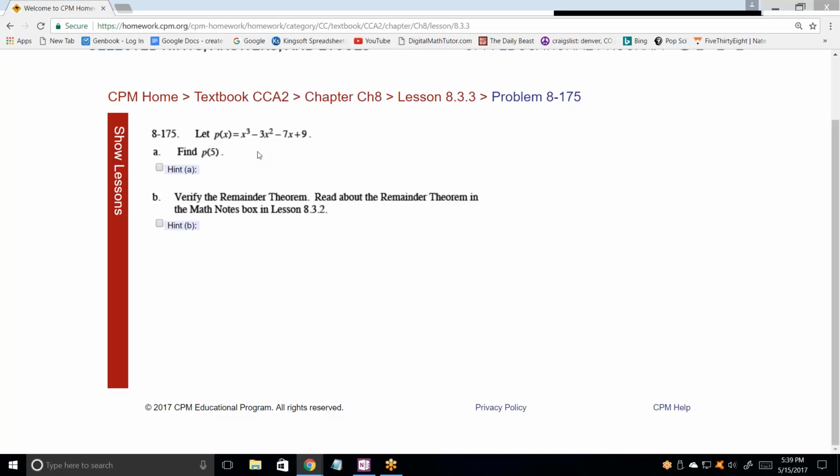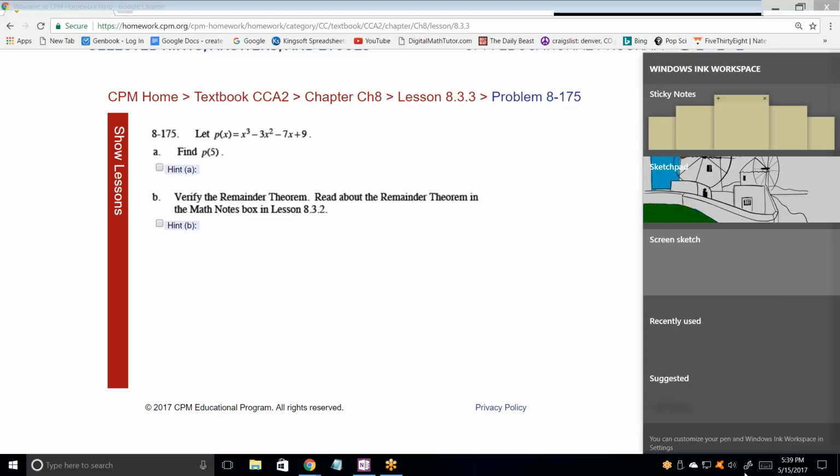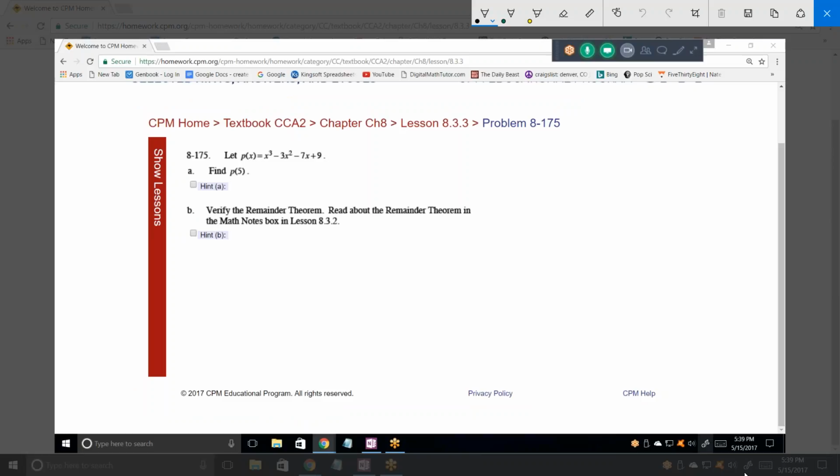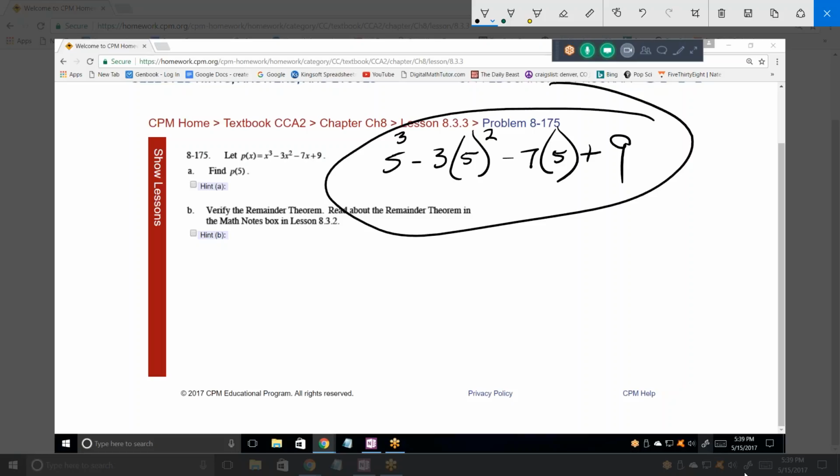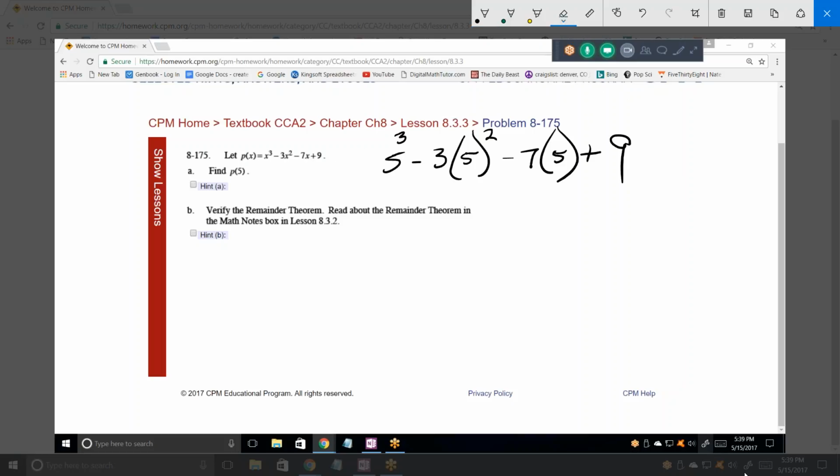P of 5. How do I get it? You put 5 in. Okay. So it's 5 cubed minus 3 times 5 squared minus 7 times 5 plus 9. Whatever that number is. We don't need to spend time doing arithmetic. Verify the remainder theorem. What's the remainder theorem say?